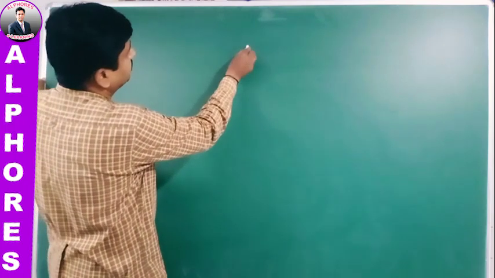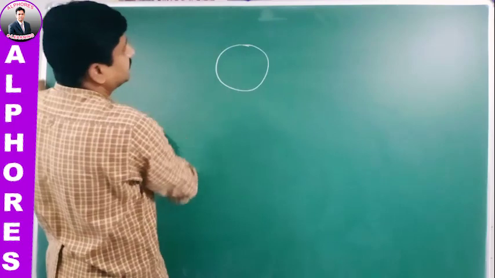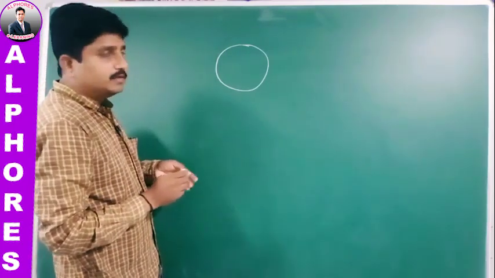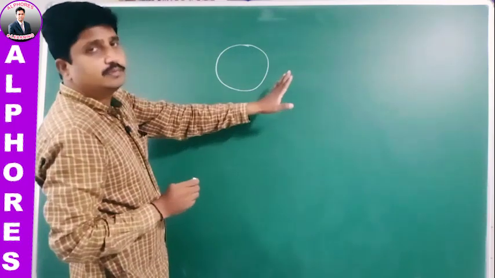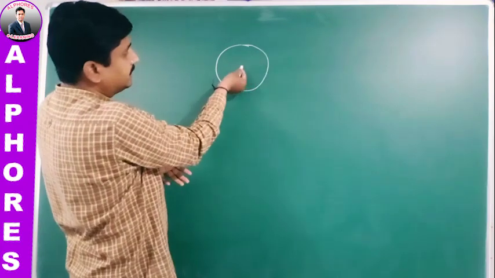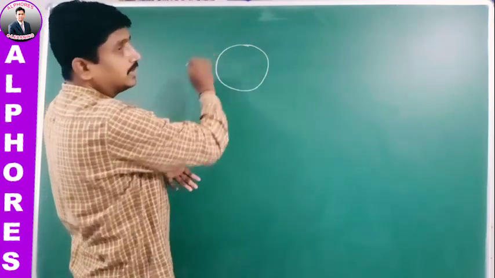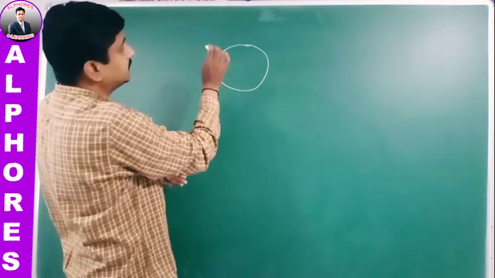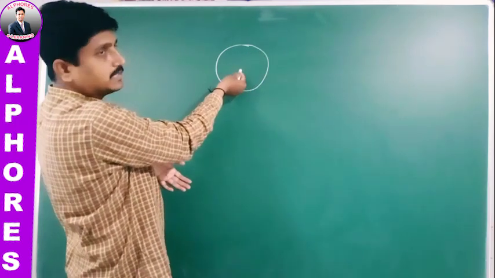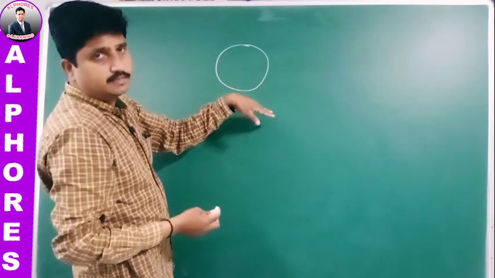Observe here, a circle divides the plane into three parts: the exterior of the circle, the interior of the circle, and on the circle. The circumference means on the circle.